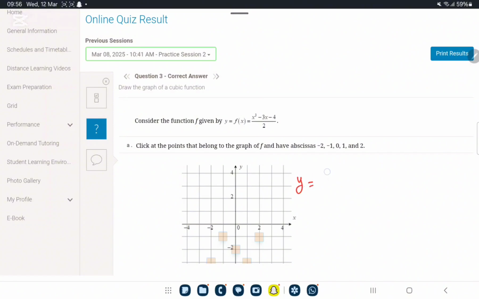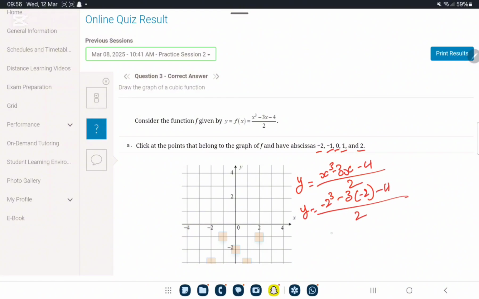y equals x cubed minus 3x minus 4, over 2. They want the abscissas, or the x values, minus 2, minus 1, 0, 1 and 2. So we start with minus 2. y equals minus 2 cubed minus 3 times minus 2 minus 4, over 2.